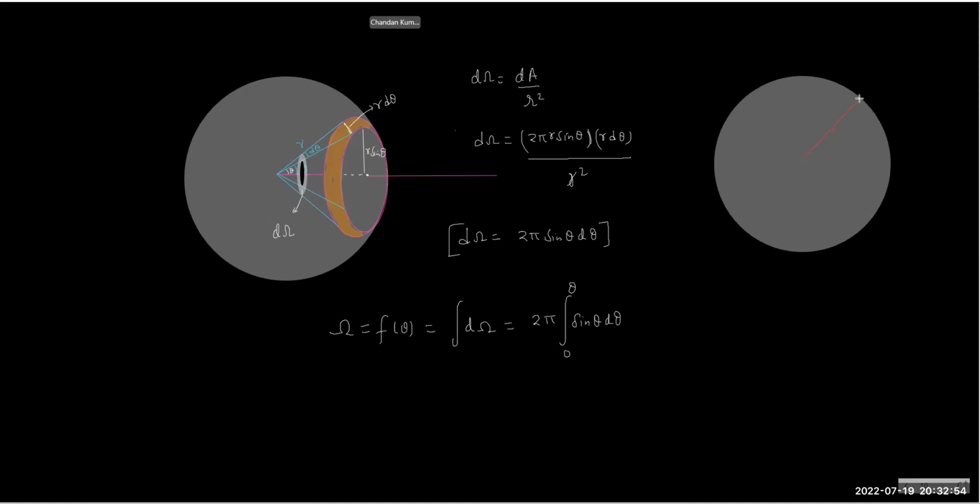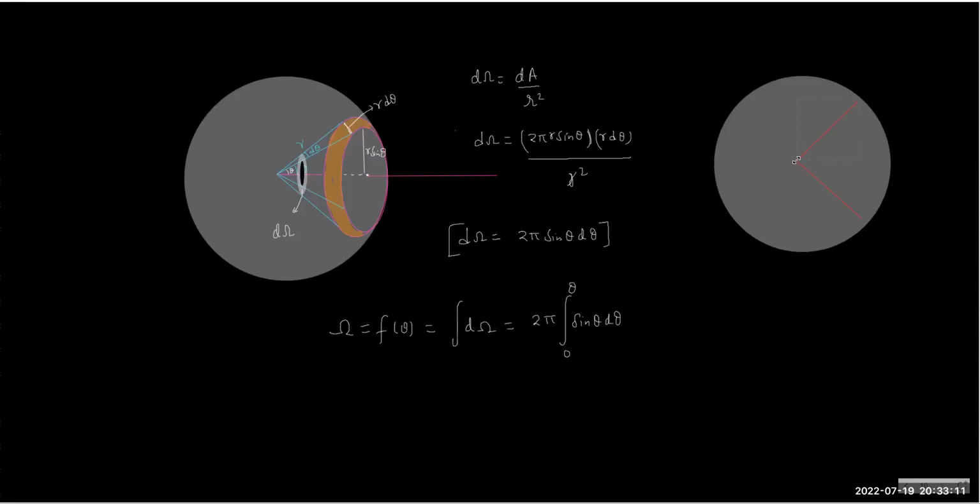So what I'm trying to say is that if you consider the entire patch up to theta angle, then what is the solid angle subtended by this entire patch? It is omega.